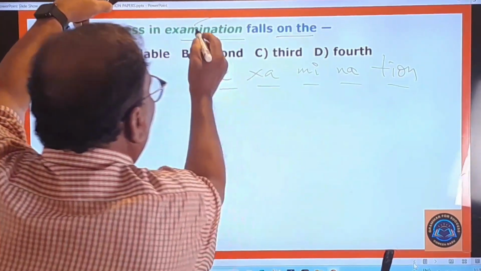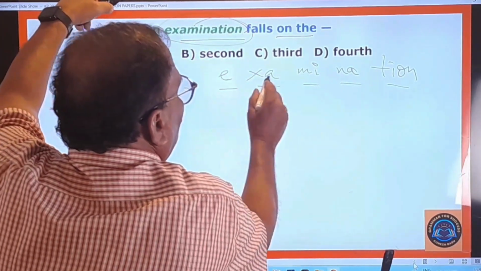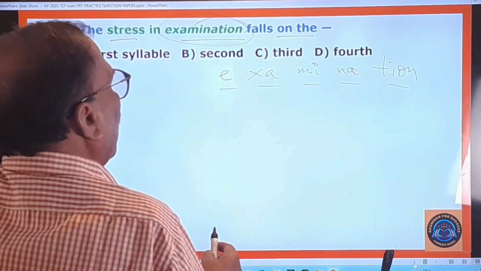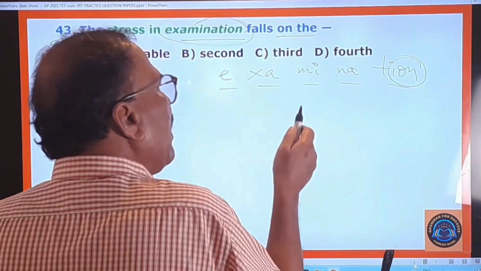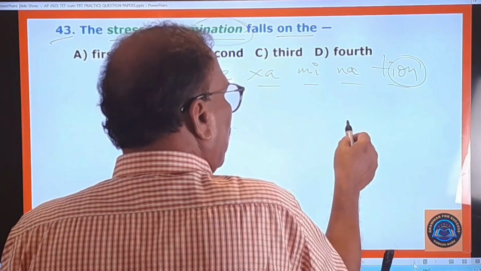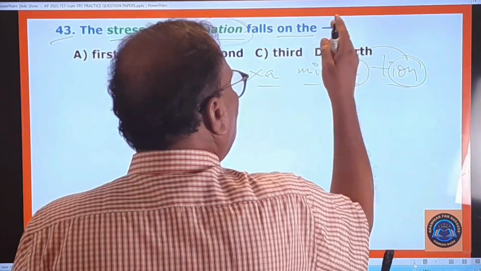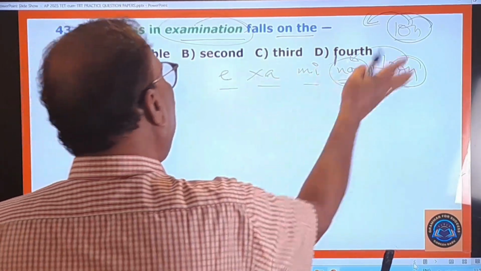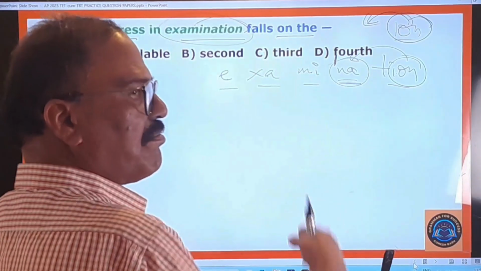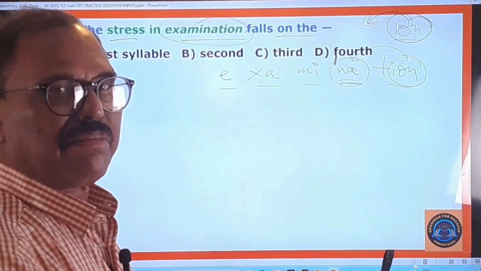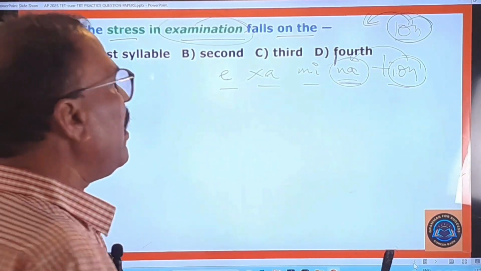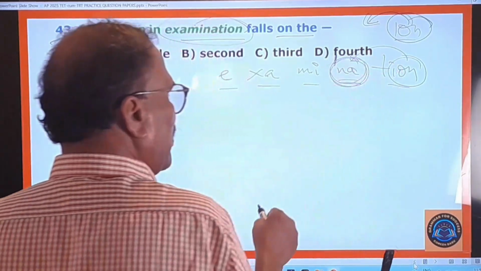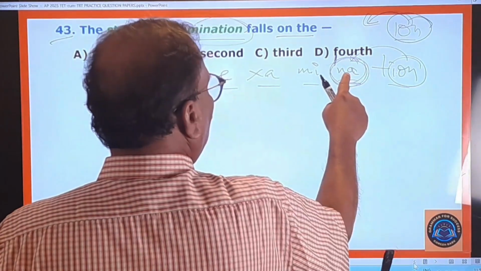How many syllables are there in this word examination? 1, 2, 3, 4, 5. So here the rule says in the words ending in ION, the last but one syllable receives the stress. Therefore, you have to say examination. So you are stressing determination, explanation. So here the last but one receives the stress. And what is the syllable?